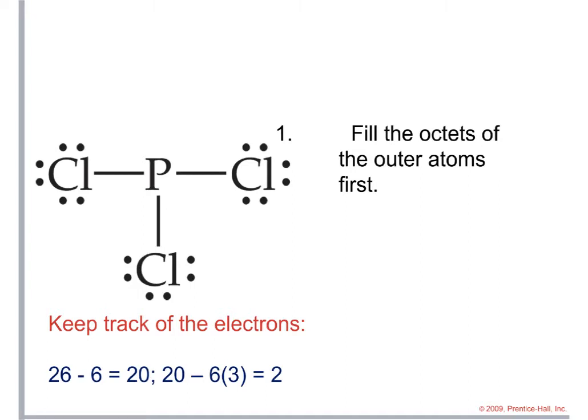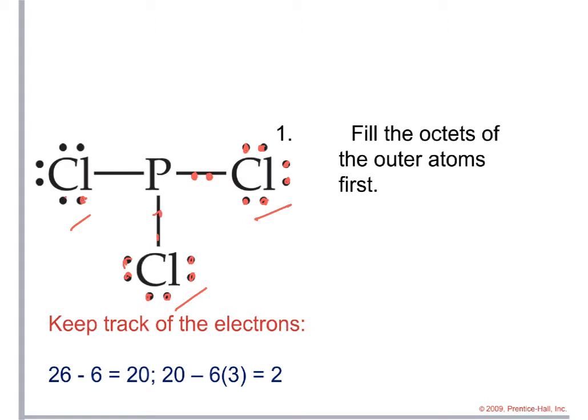Step 3 is give the outer atoms, so everything but the central atom, an octet, or 8 electrons. Keep in mind that each single bond already counts for 2, right? So you want to go ahead and fill in enough electrons on all of the outer atoms so that they have a total of 8, an octet around them.